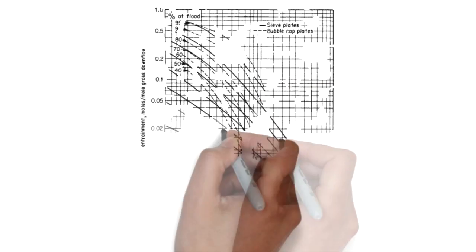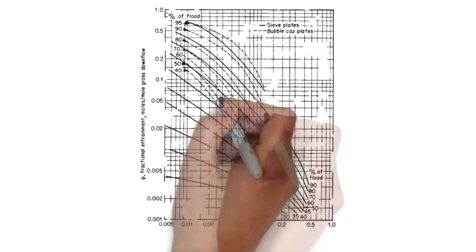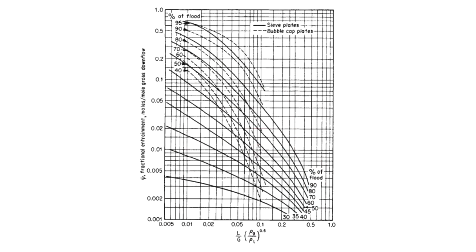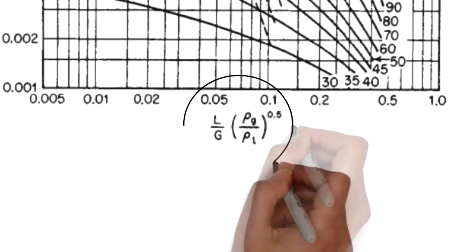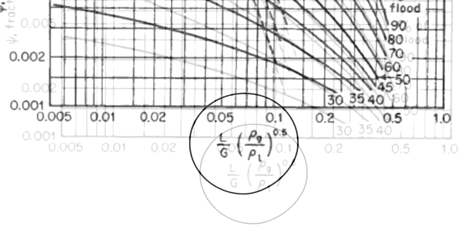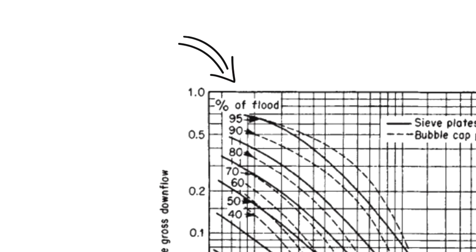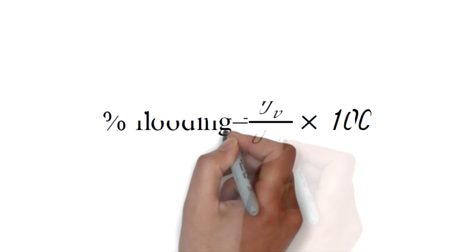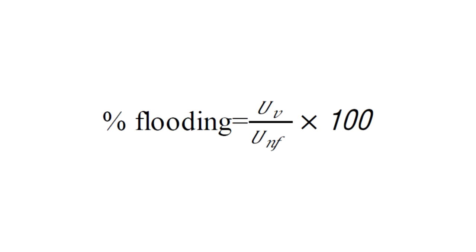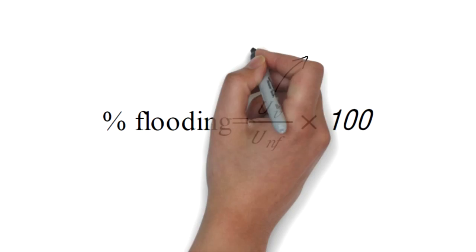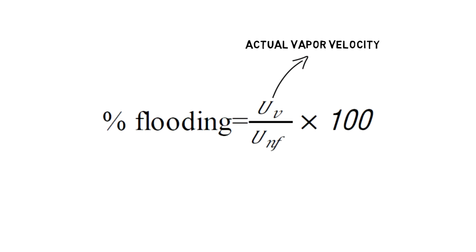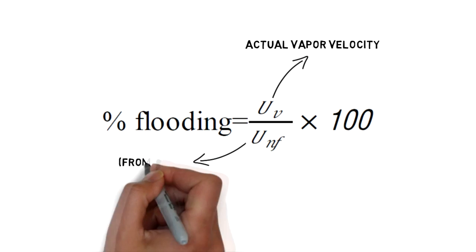To get fractional entrainment, we use this graph. But first, we will get the L over G times the square root of rho G over rho L, and the percent of flood. Percent flooding can be determined using this formula. It is the ratio of actual vapor velocity and the maximum flooding velocity taken from step 4.